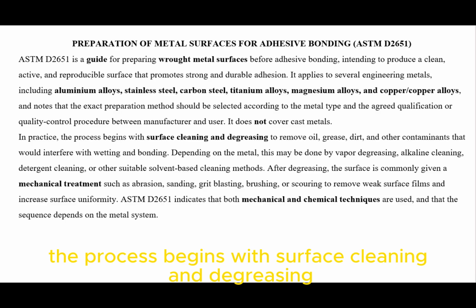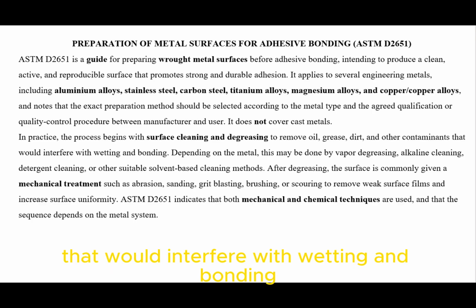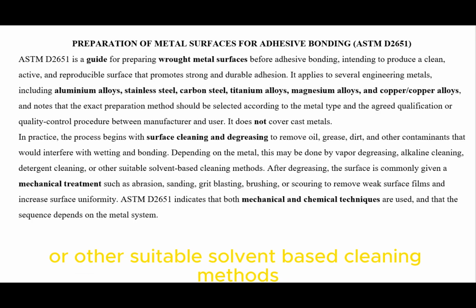In practice, the process begins with surface cleaning and degreasing to remove oil, grease, dirt, and other contaminants that would interfere with wetting and bonding. Depending on the metal, this may be done by vapor degreasing, alkaline cleaning, detergent cleaning, or other suitable solvent-based cleaning methods.